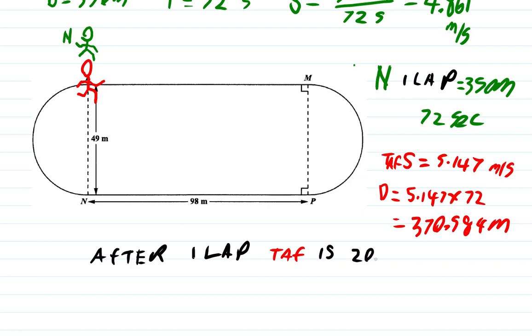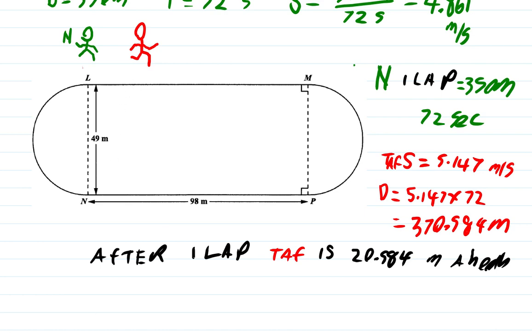That's 20.584 meters ahead. So after 1 lap, Tafari is here in front of Nathan by 20.5 meters, right?